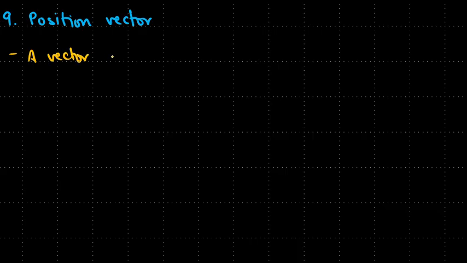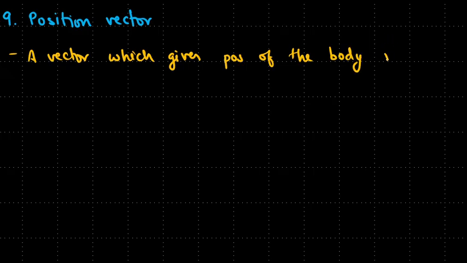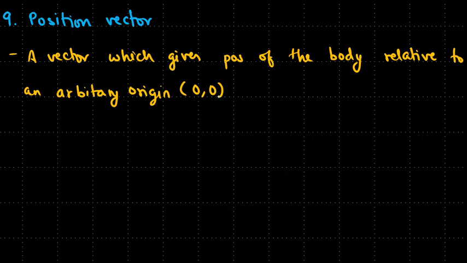So a vector which gives the position of a body relative to an arbitrary origin, but this origin will actually be 0 comma 0.